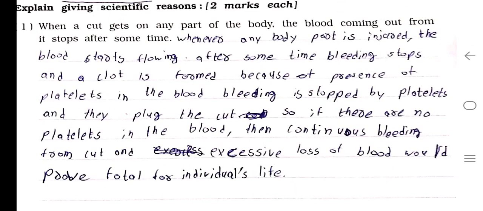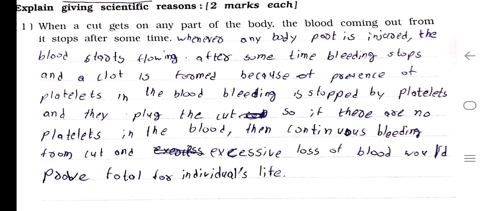Question number 8. Explain giving scientific reason. Number 1. When a cut occurs on any part of the body, the blood coming out from it stops after some time. Answer. Whenever any body part is injured, the blood starts flowing. After some time, bleeding stops and a clot is formed because of the presence of platelets in the body.